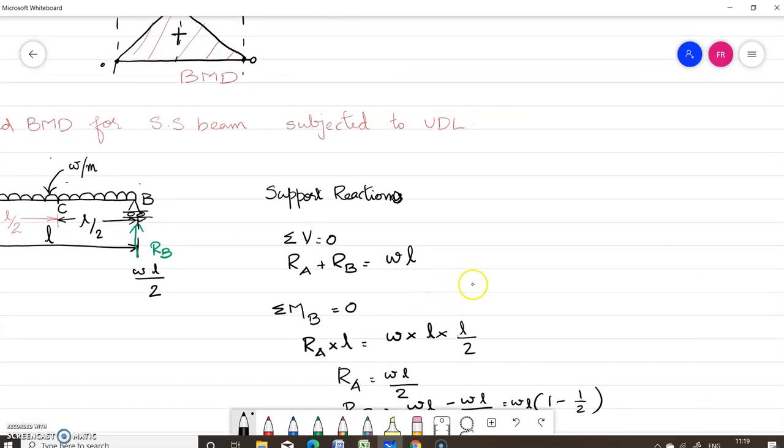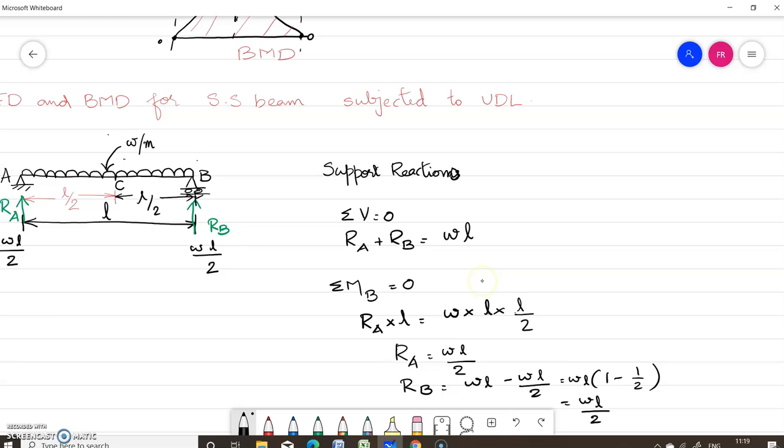For that, first of all, let us consider a section line XX at a distance small x from the right support. We can write the shear force at XX is equal to WL by 2. That is the shear force due to this reaction, WL by 2.